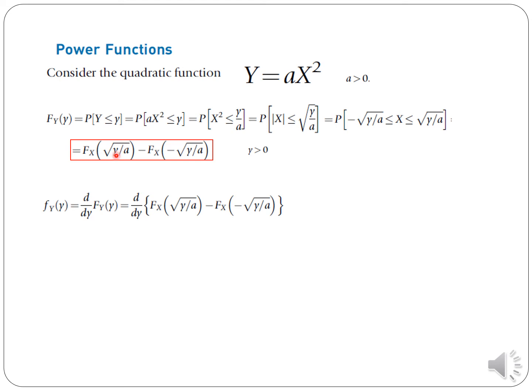We just differentiate it, and we can use the formula for a function of a random variable. We have seen it a while ago. You just consider this is u, then you can find d Fx of u by du, and then du by dy, etc. And we can derive the expression in this manner, and it will be like this.